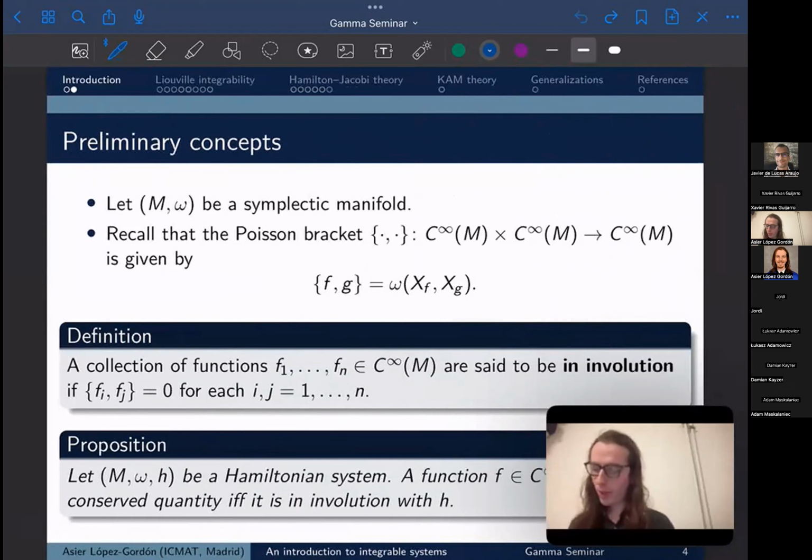But let me recall that if we have a symplectic manifold, then we can define its Poisson bracket, which is a Lie bracket on the algebra of differentiable functions, defined this way, where X_f denotes the Hamiltonian vector field associated with the function f. And we will say that a collection of functions on a symplectic manifold, or more generally on a Poisson manifold, are in involution if the Poisson bracket of each pair of functions vanishes.